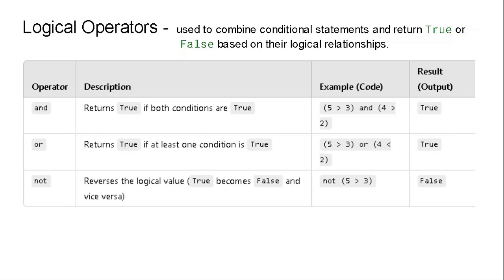AND gives the result as true if all the conditions are true. OR returns true if any one of the combined expressions is true. Whereas not gives the reverse of the value. If the expression is true, not of that expression is false. If the expression is false, not of false is true.